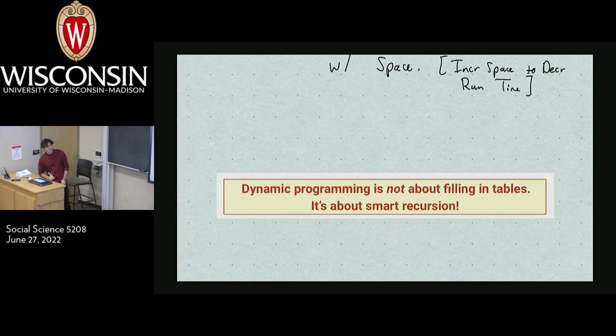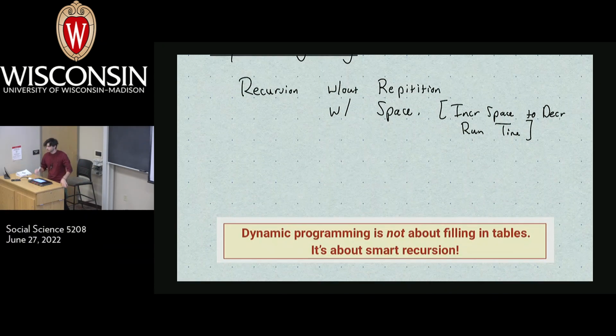So the idea here is dynamic programming is not about filling in the tables, it's about smart recursion. You have some array or some structure that's saving the partial solutions, but that's an afterthought. You worry about that after you've already solved the problem recursively. Don't worry about the arrays or whatever. Worry about solving it recursively first.